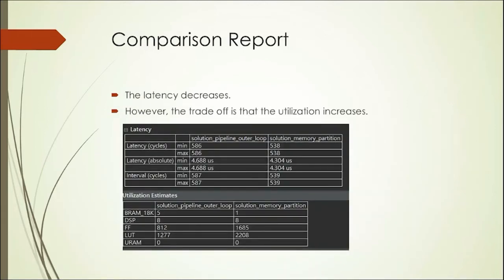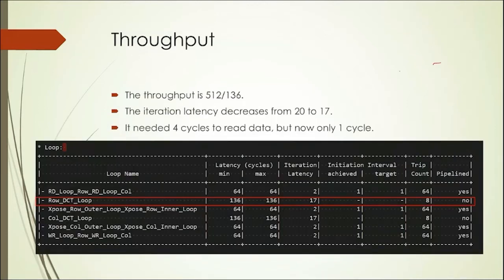Okay, and here's the throughput. And here, actually, the only difference is 7. As you remember, the latency in the previous design is 20, but it is reduced to 17 because we needed 4 cycles in the previous design to load all the data, but now we only need 1 cycle.